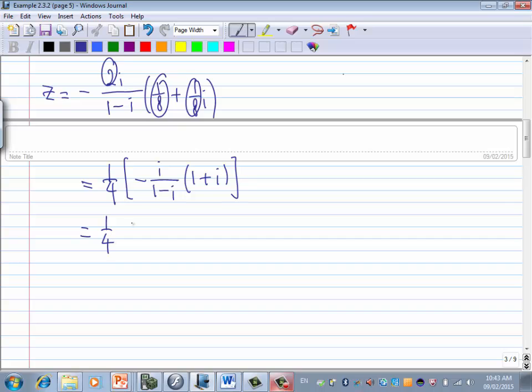Okay, can? Now let's realize the denominator. Let's use a different color here.